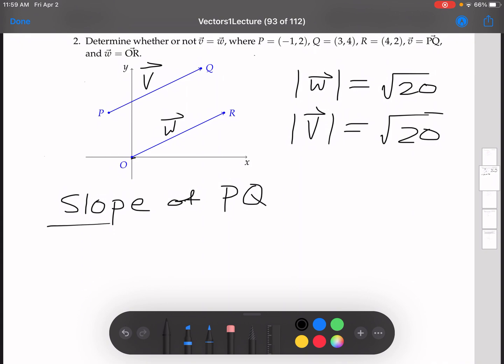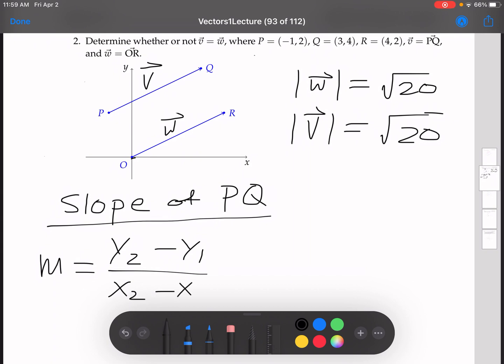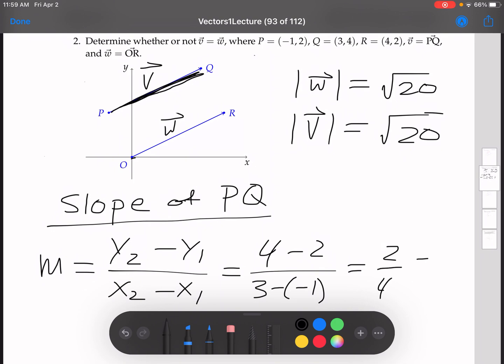Remember this formula, y2 minus y1 over x2 minus x1. So the slope of this line here, what is y2? What is y1? So you have 4 minus 2 over 3 minus a negative 1. That's 2 over 4, which is a half.